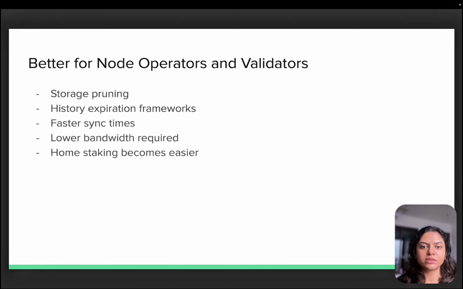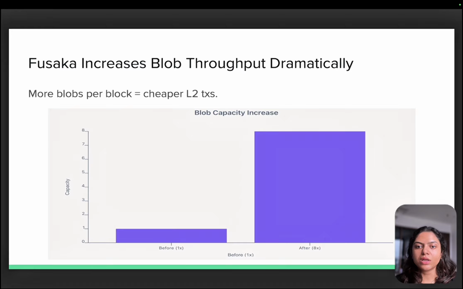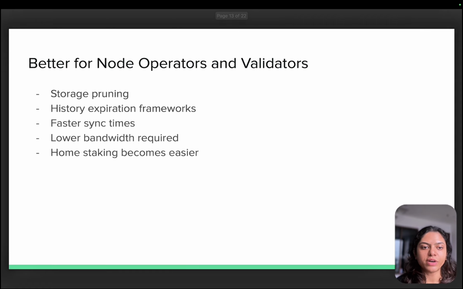History pruning means they can choose how much history they want to keep, which reduces their storage, because they don't have to download the whole blob data. They have sampling, so that reduces their storage, with faster sync times, more capacity, and cheaper home staking. So Fusaka makes running an Ethereum node more accessible.